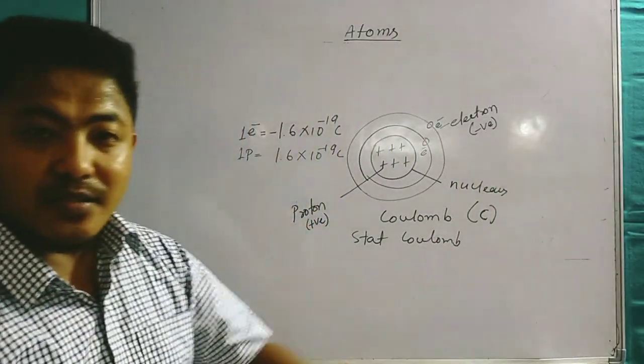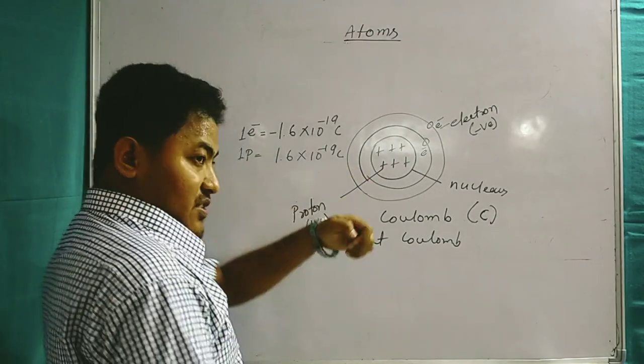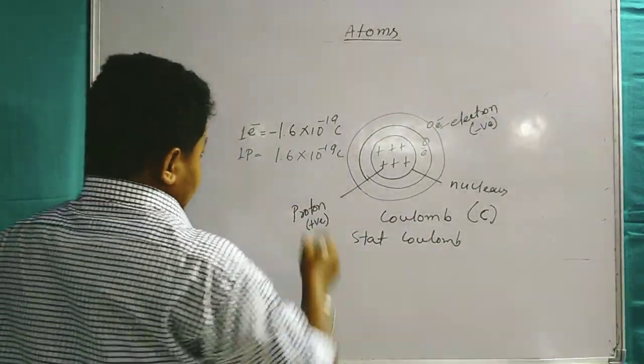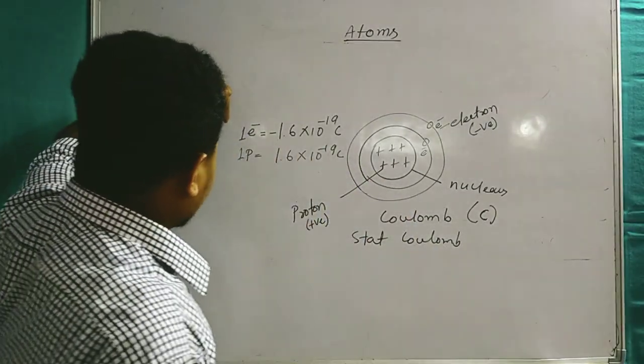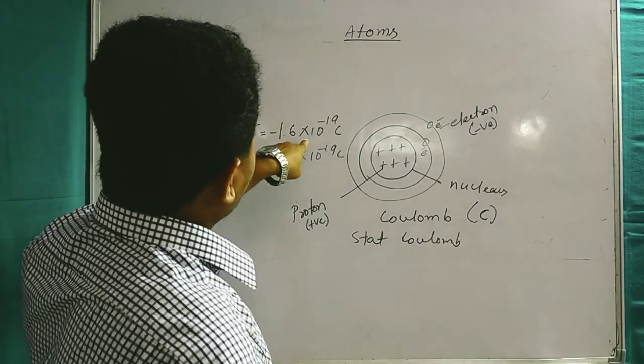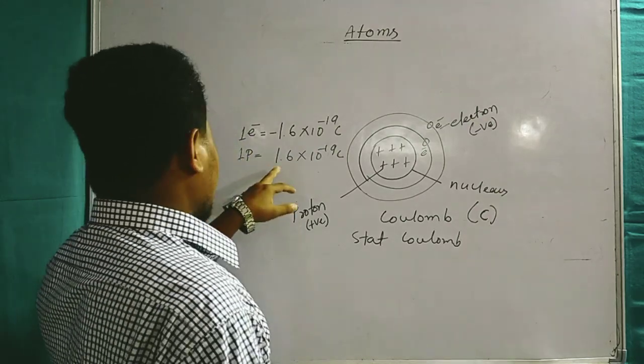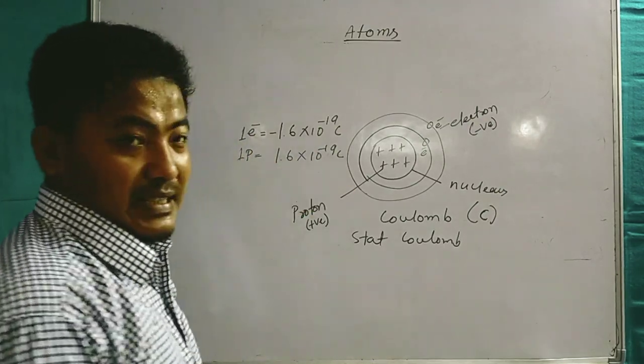Now the question arises: when is an atom or a body considered neutral? In one electron the charge is minus 1.6 into 10 to the power minus 19 coulomb, and in one proton it is 1.6 into 10 to the power minus 19 coulomb.